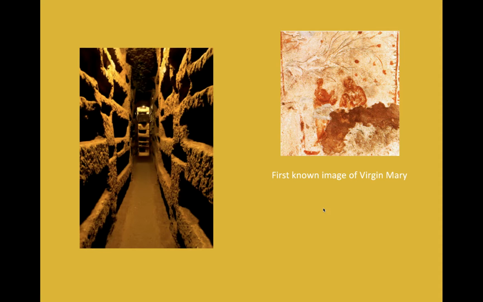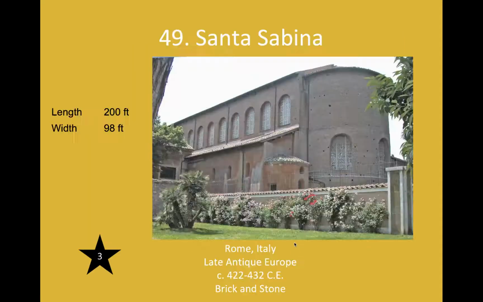And so it took a couple hundred years for them to figure out that it was okay to paint these things as long as we weren't worshiping them. So that is why we don't see really Christian art for 250 years after Christ.